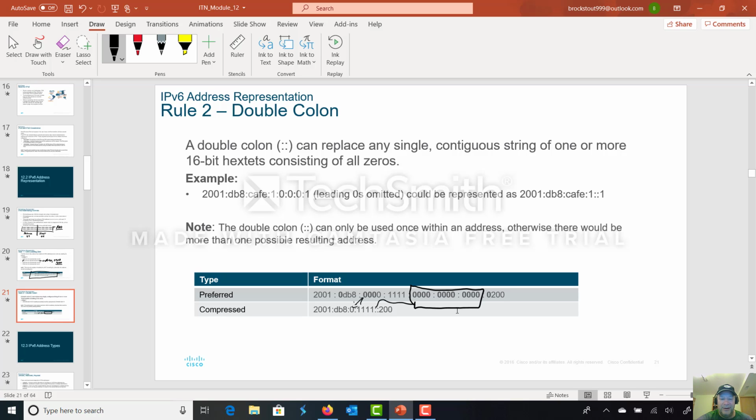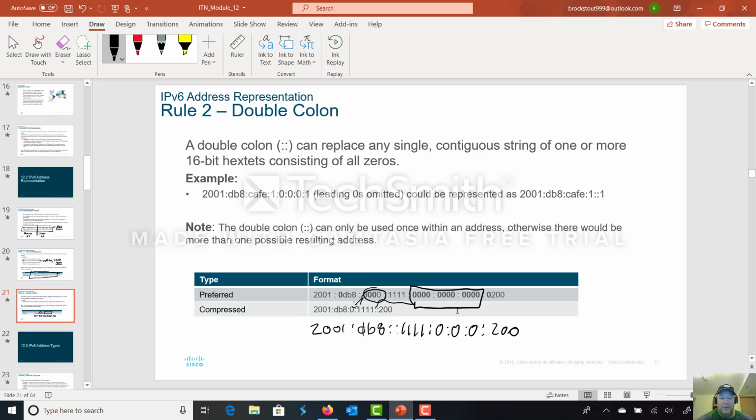Now, how do I know there's 3 blocks there? Because I'm left with 5 blocks, right? 1, 2, 3, 4, 5. That means that whatever's missing has to be 3 sets of zeros. Easy enough. Could we write this the other way? Could you do this as 2001 : DB8, double colon here and double colon out this piece, and then finish it up with 1111 : 0 : 0 : 200?